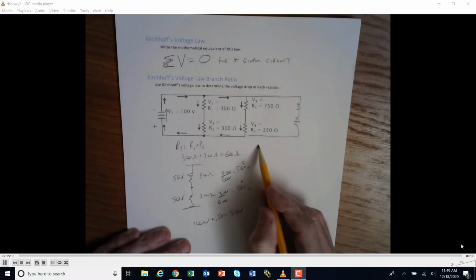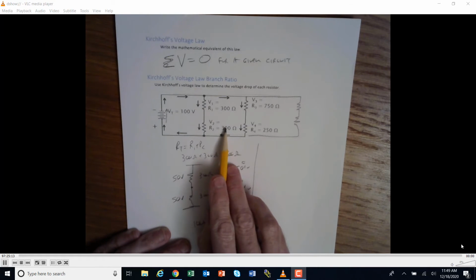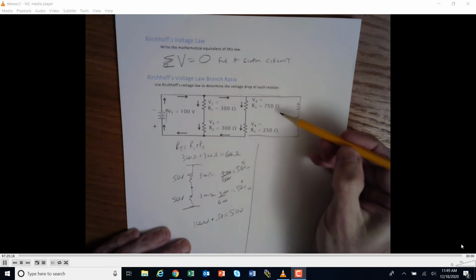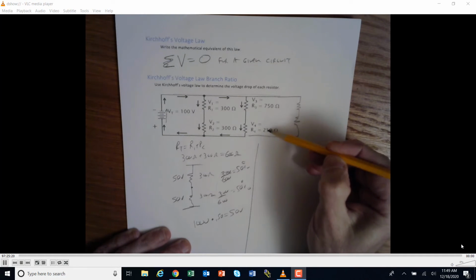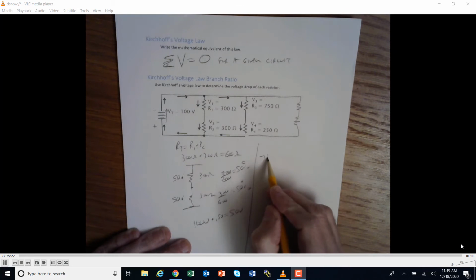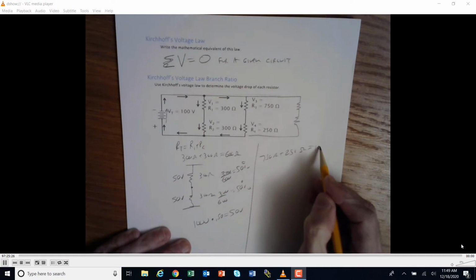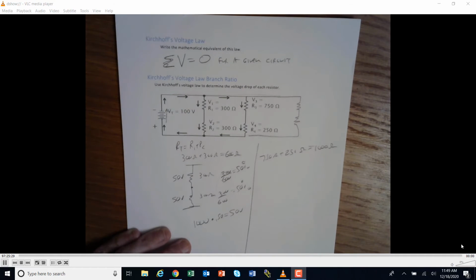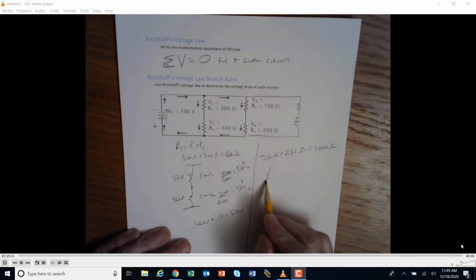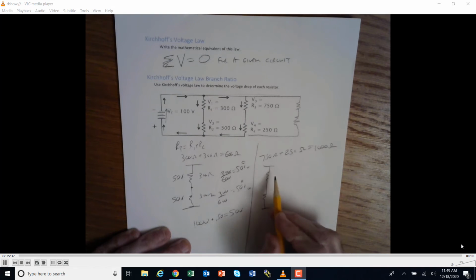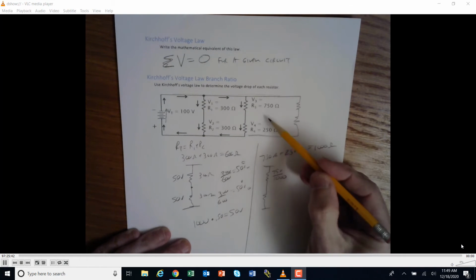Let's take a look at another one right here. For this one, the total resistance is 1,000 ohms. We've got 750 ohms plus 250 ohms, which is 1,000 ohms. So the first one, 750, is the ratio out of 1,000, because the total is 1,000 here.